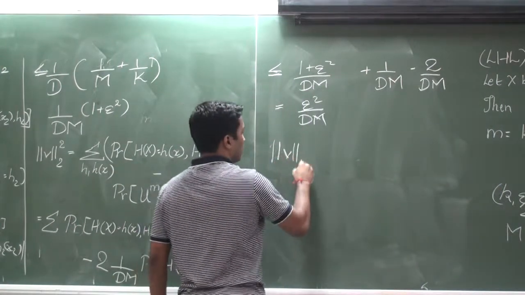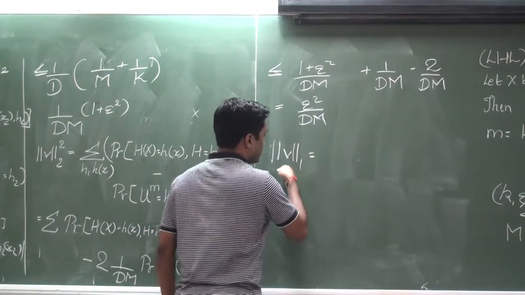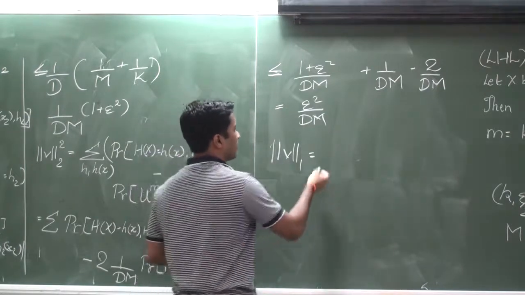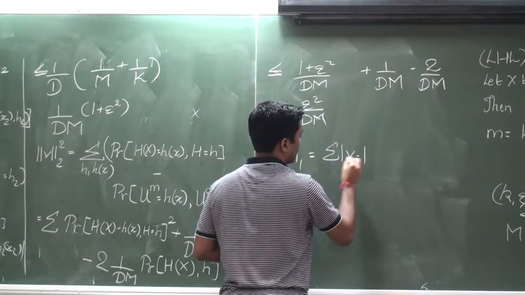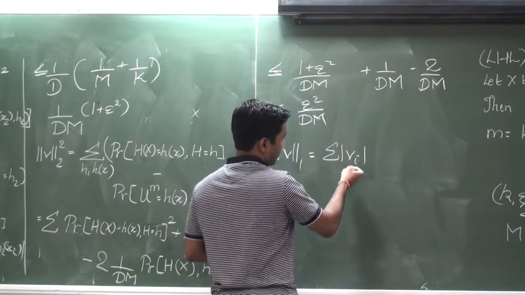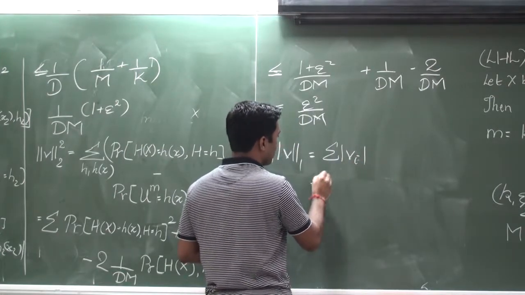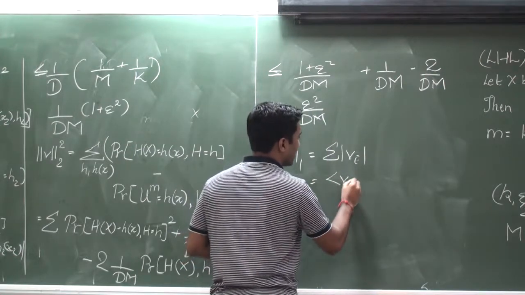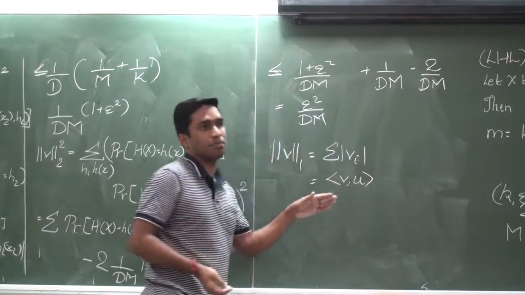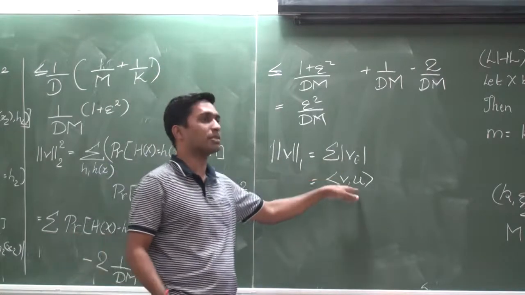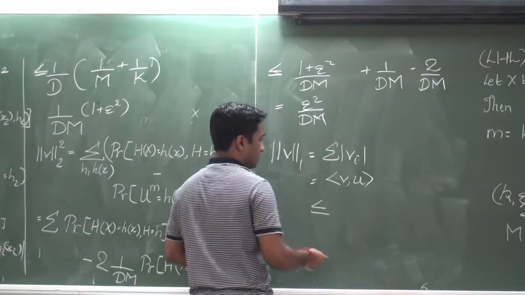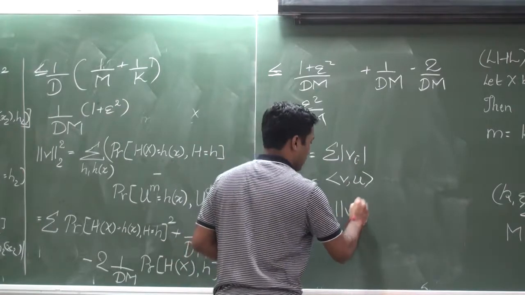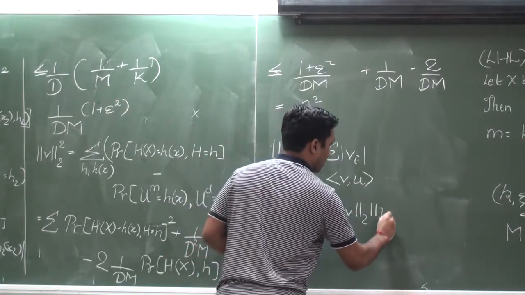So that is your statistical distance, which is the L1 norm. It is the summation of each v_i, but it should be the absolute value. We can write this as the inner product of v and u, where u is either plus 1 or minus 1. If it's negative, it becomes minus. Then by Cauchy-Schwarz, it is the norm of v times the norm of u.